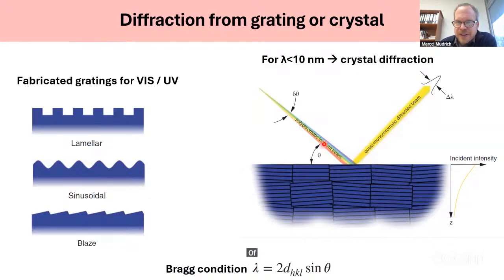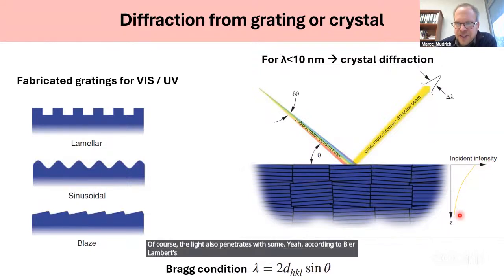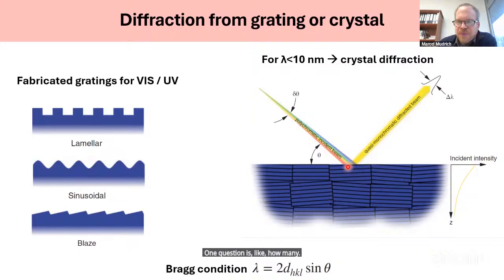Of course, the light also penetrates, according to Beer-Lambert's law, with some exponential damping, into the material. So one question is: how many lattice planes of the crystal do we actually illuminate? That will determine the width of the reflected order.